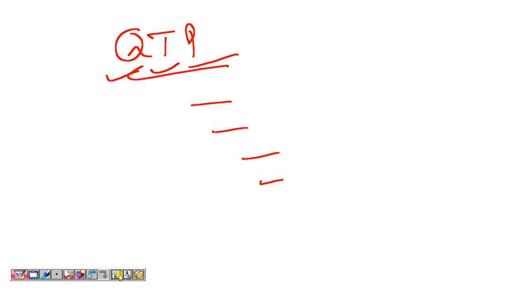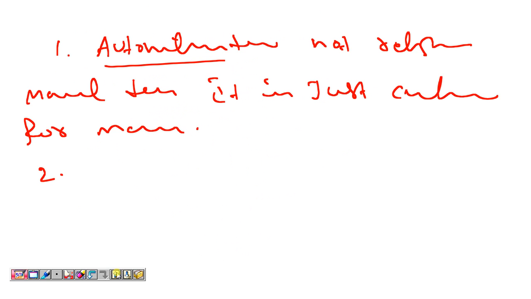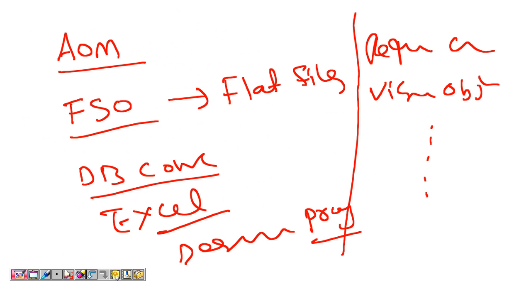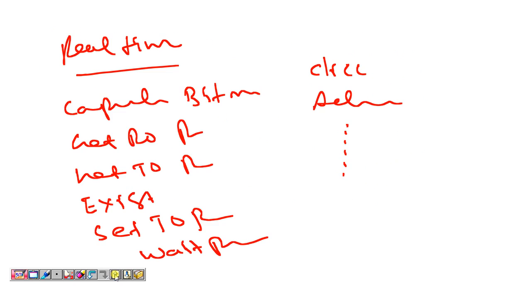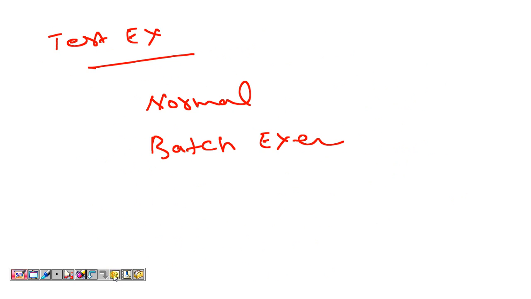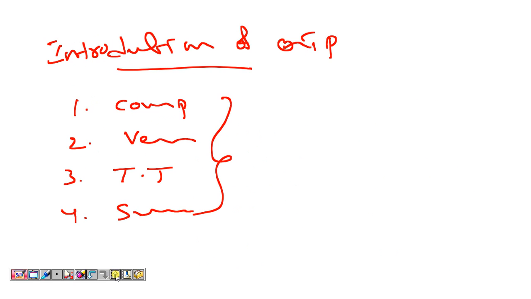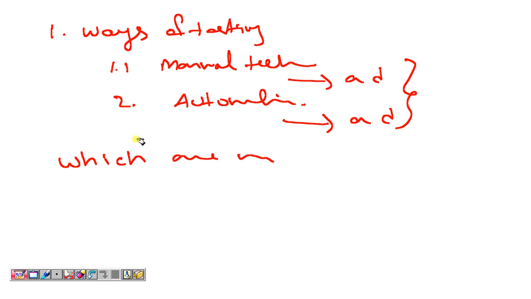Already we have discussed the topics we need to follow. We need to complete all these topics in a very detailed manner. Once again I will quickly repeat the topics we need to cover in our automation course. First, ways of testing, which we have already discussed. Next, which areas we need to automate and which areas need no automation.